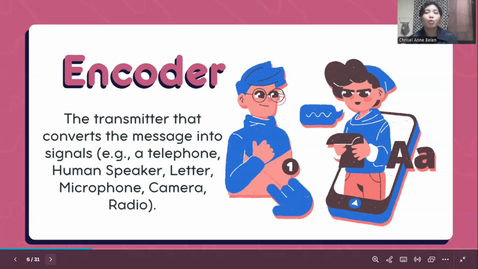Whenever we are doing a live or a recorded TikTok video about something, our vlogs, it is already information imparting from us. So our encoder there is our phones and our cameras. The radio is also an example of an encoder.